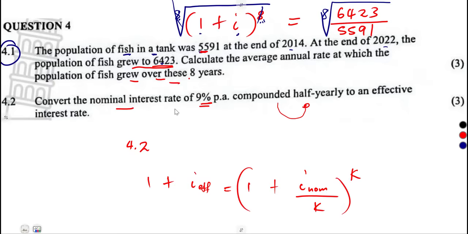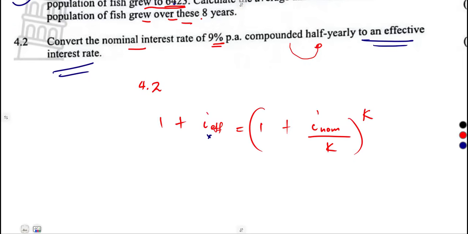We need to find the effective interest rate, so just substitute, everything is direct. 1 plus i effective is equal to 1 plus the nominal, 9% per annum compounded half yearly, meaning we consider 2 times half yearly, so our k is 2.